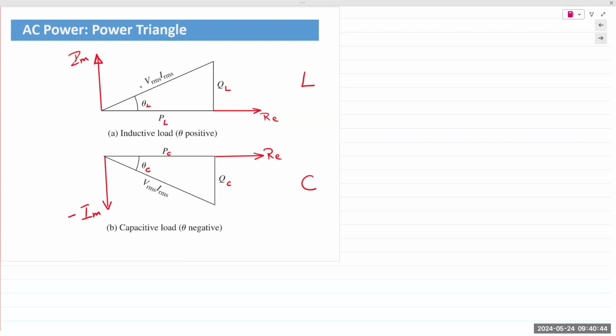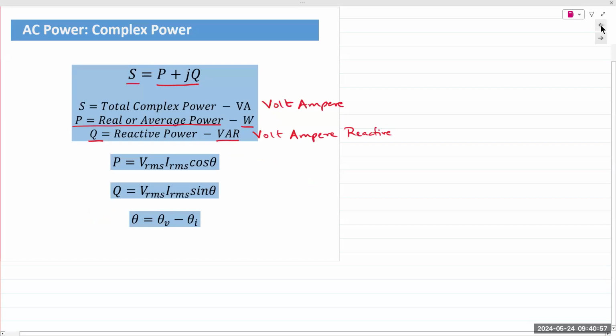So again, a right angle triangle. If you have any two quantities, meaning if you have P and Q, you can find the hypotenuse and the phase angle. If you have the phase angle and the hypotenuse, you can find P and Q. And so that's where these equations come from.